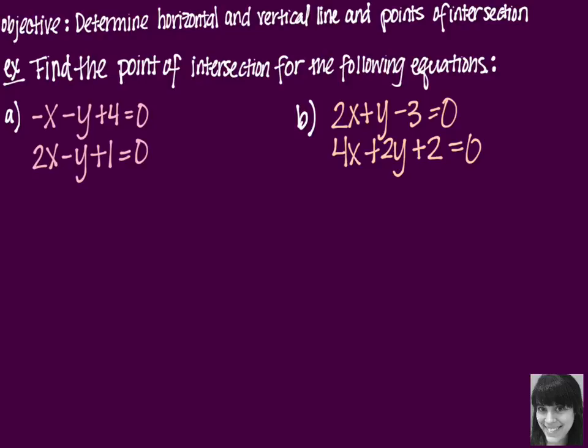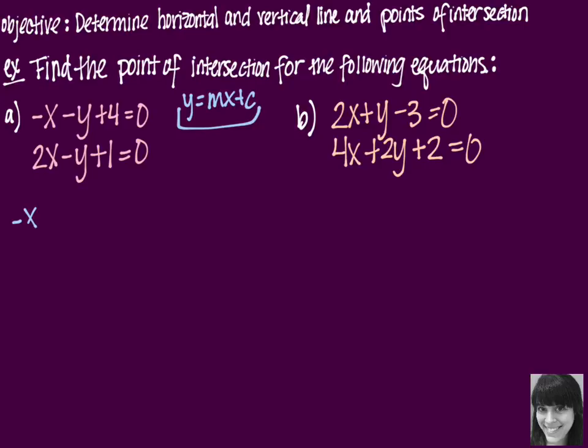Or I can do it algebraically. Right now they're in general form, so I'm going to place them into gradient-intercept form, which is y equals mx plus c. I'm going to take each of these equations and put them into this form.